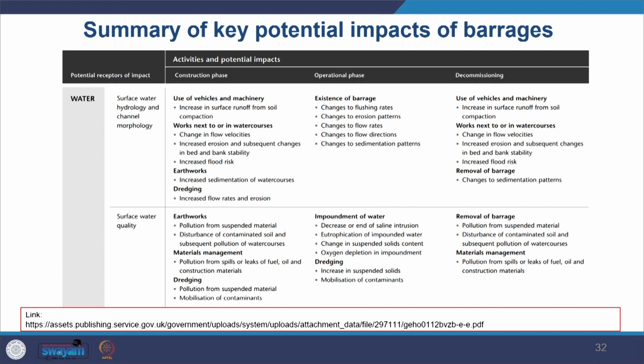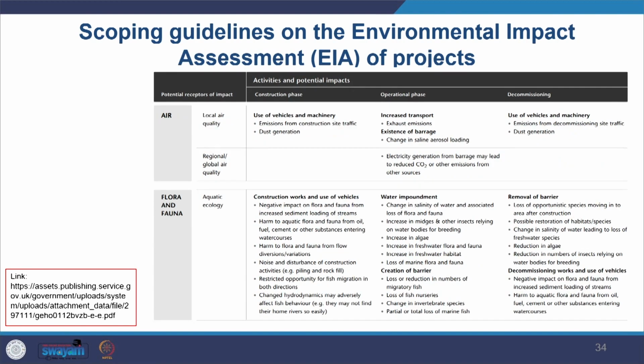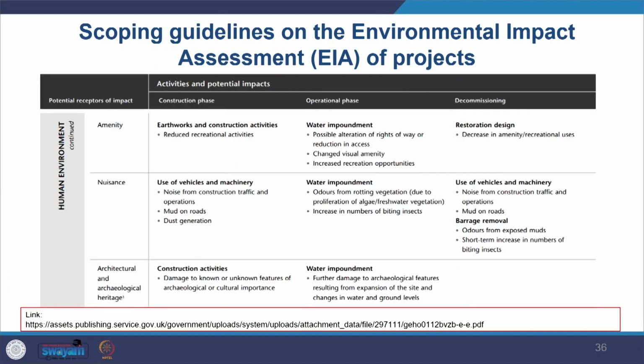Then you would also see erosion and exposure of the soil, and removal of rock by excavation work. Likewise, you see all these in the operational and decommissioning phases as well. You see the impact on flora and fauna, and how it affects the human environment. This is the link from where you can download the document. I have given it to you.